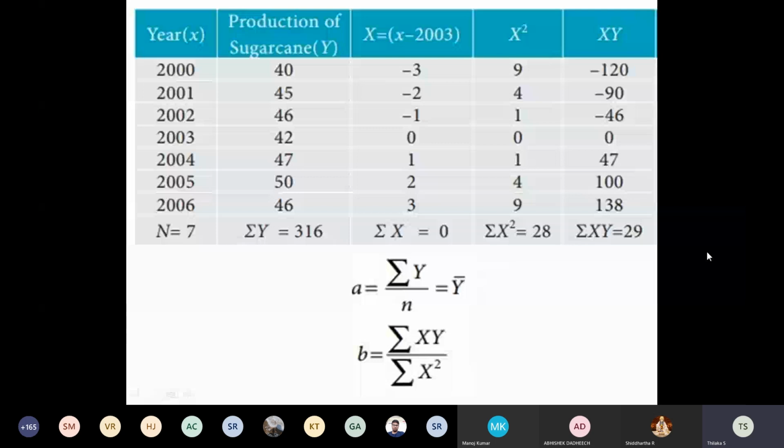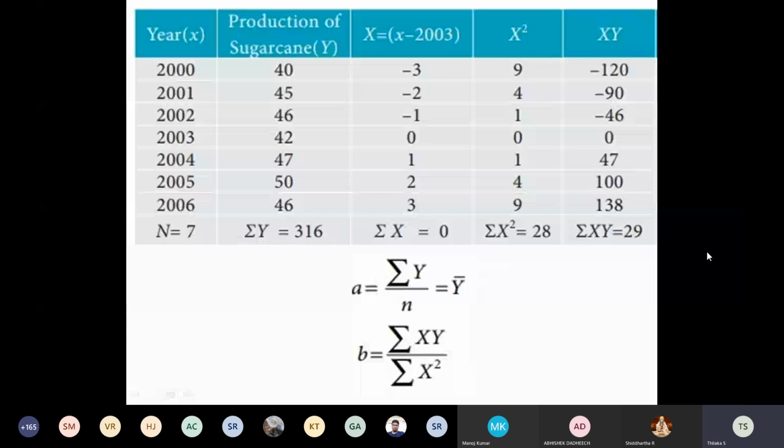It's sigma y by n, 316 by 7, which is 45.14.